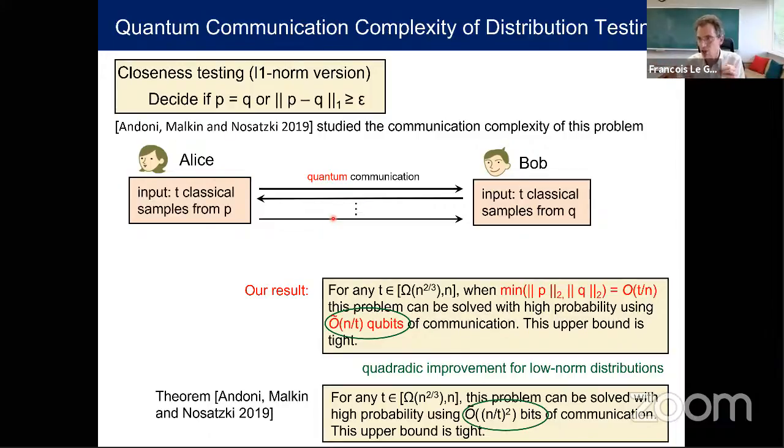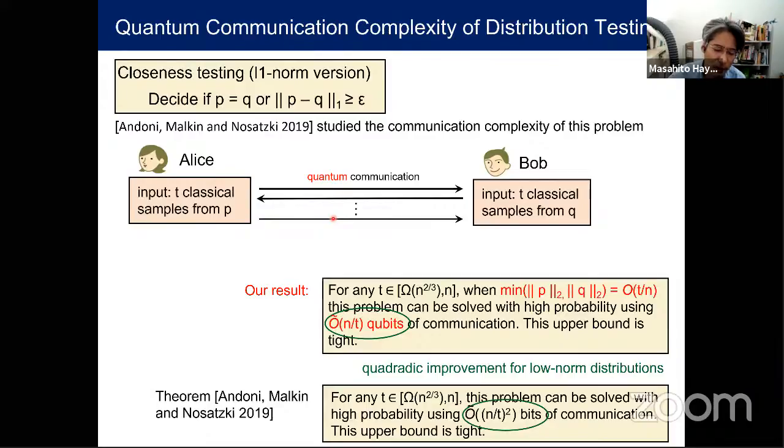You have to decide if they are close or not. The only thing that is allowed to be quantum is the communication between the parties. And also, I have another comment. In quantum information theory, they also consider this kind of problem. They consider some testing problem with respect to distributions, but mainly they are considering independence, and also they fix the cardinality of each distribution.